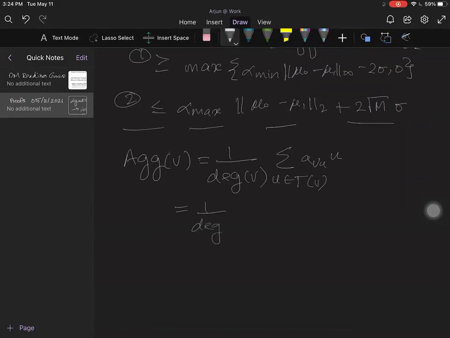So we're going to write the sum as two separate sums. We're going to look at the intersection of the neighborhood with S0, and also the intersection of this neighborhood with S1.